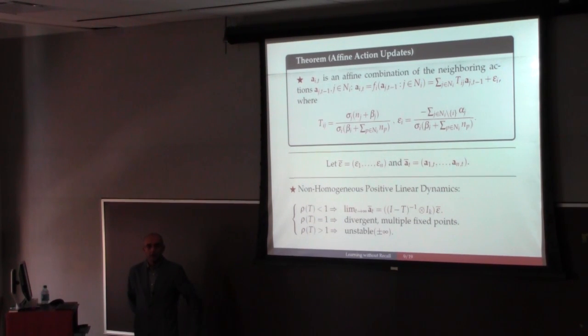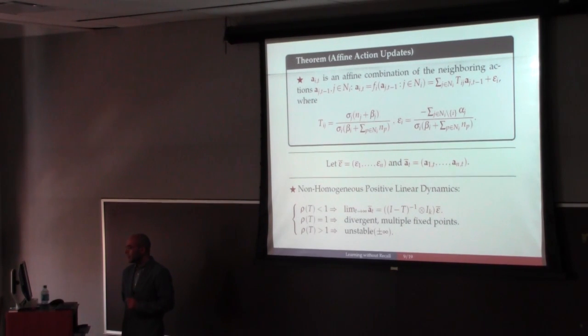We were aiming for a convex combination structure, an averaging rule or a weighted averaging rule, and by imposing this exponential family signal structure, the conjugate belief structure, as well as a quadratic utility, we came up with an action update that is affine. So the affine constants come from the priors that the agents have.